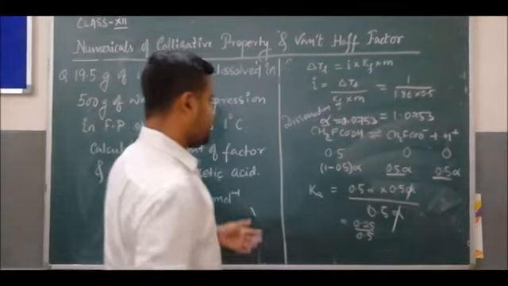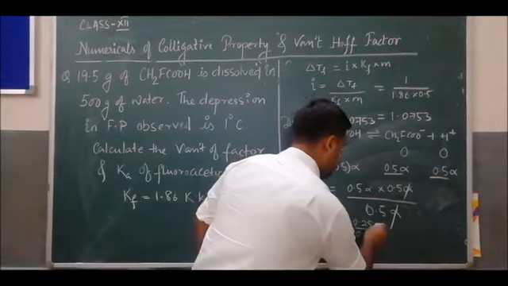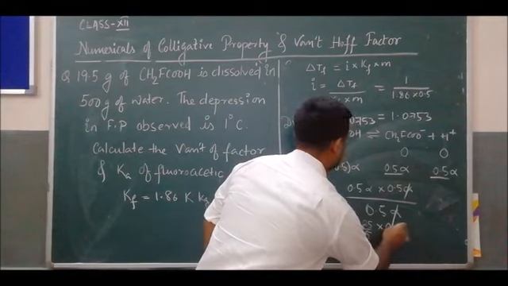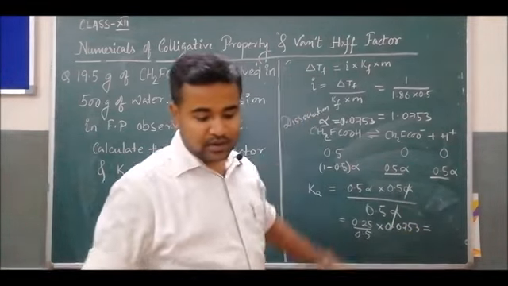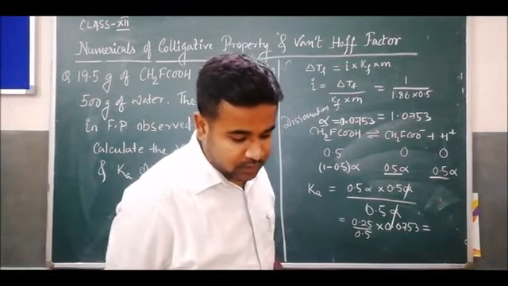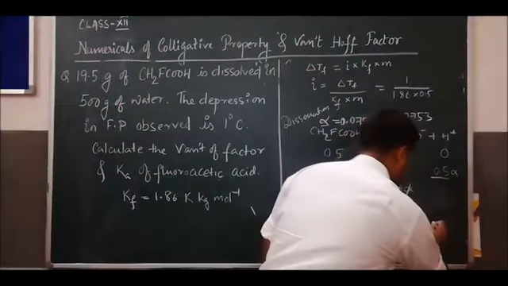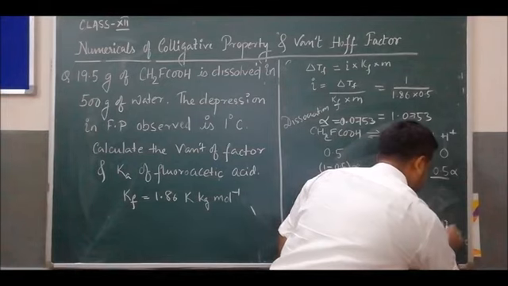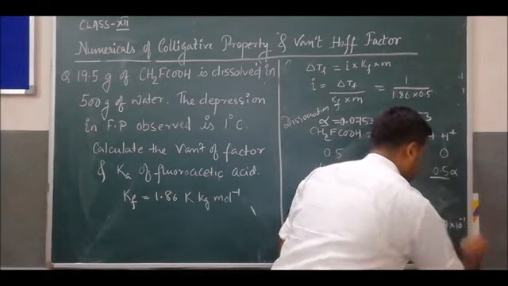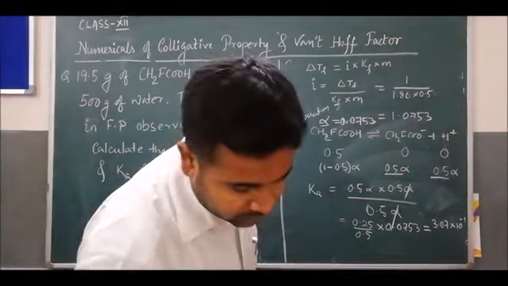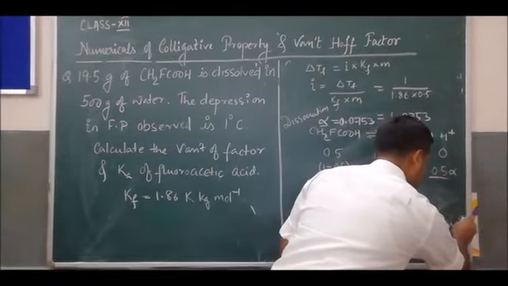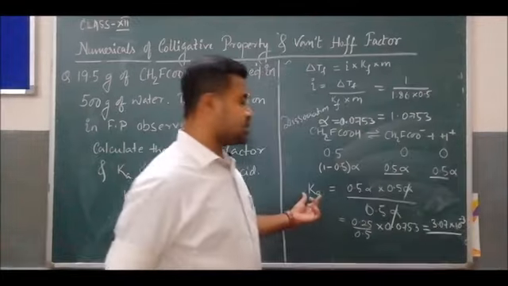And what is alpha? Alpha value we have got is 0.0753. So when you solve this, the value will be 3.07 into 10 to the power minus 3. This will be the dissociation constant.